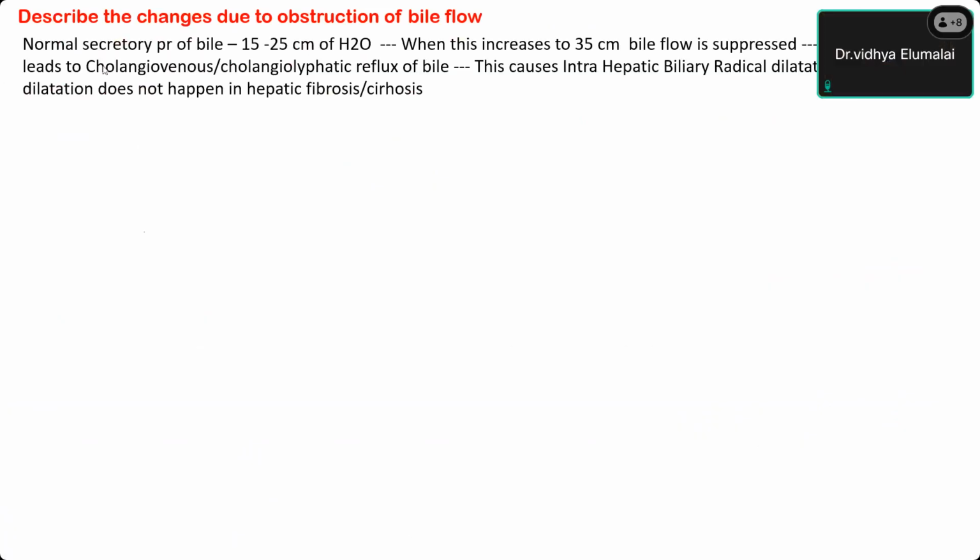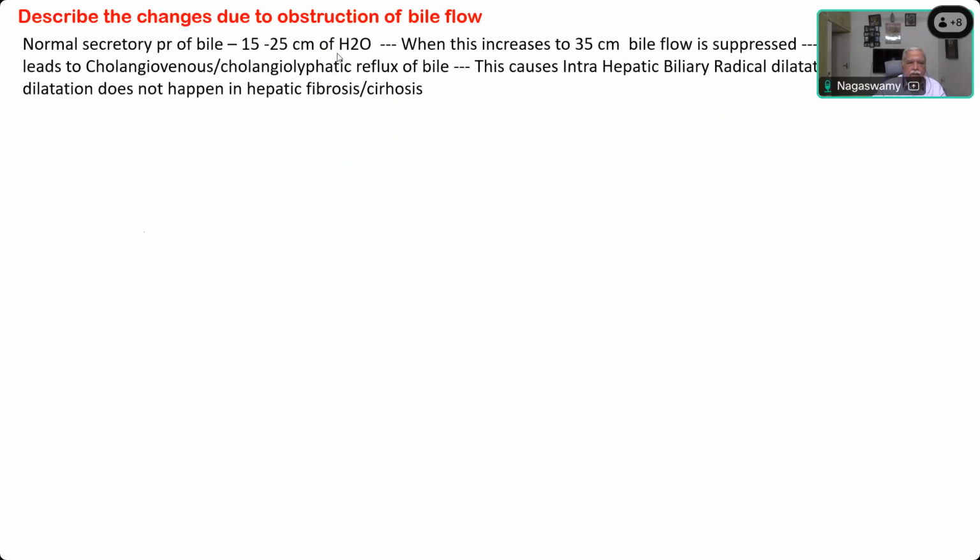Describe the changes that happen due to obstruction within the liver. What will happen supposing the bile does not flow forward into the second part of the duodenum, either due to a gallstone or a malignancy or any other reason? Intrahepatic biliary dilatation. What is the normal bile secretory pressure?